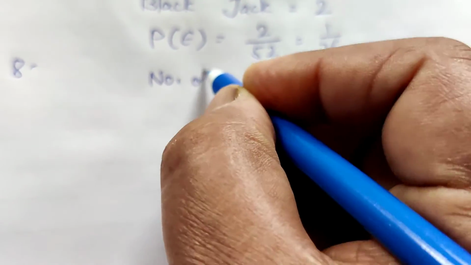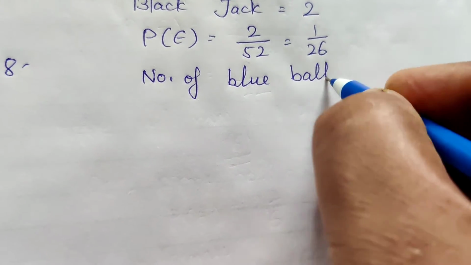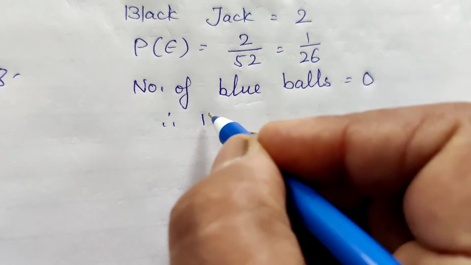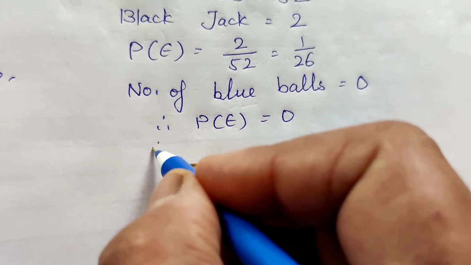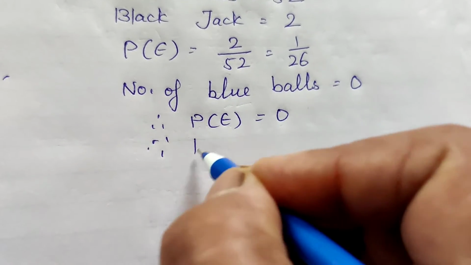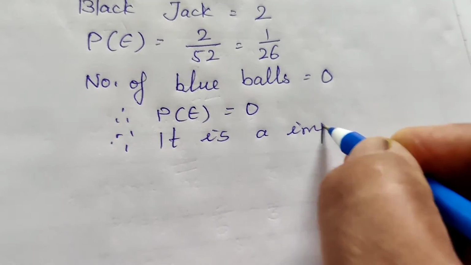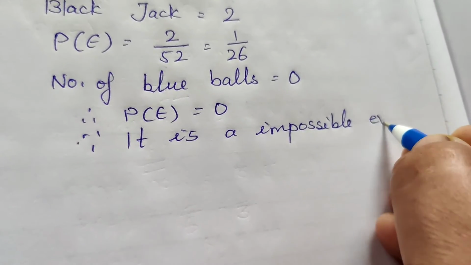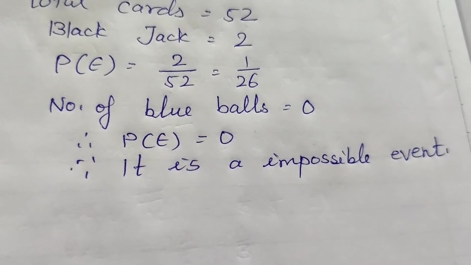Number of blue balls equal to 0. Therefore probability equal to 0, because it is an impossible event. When there is no blue ball in it, we cannot draw it, and if we cannot draw it, then probability equal to 0.